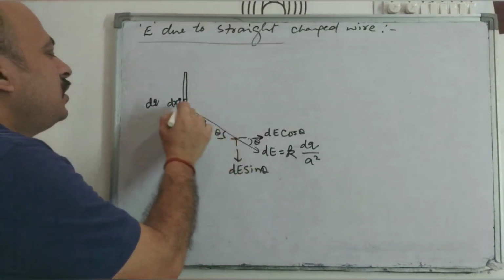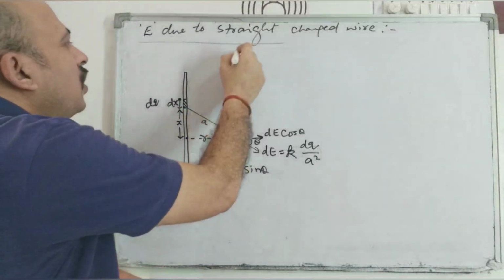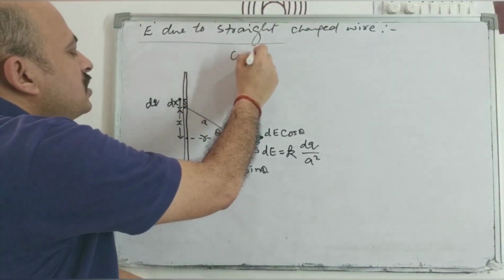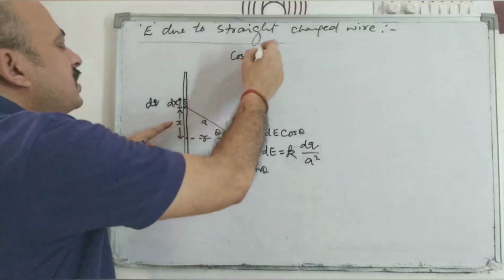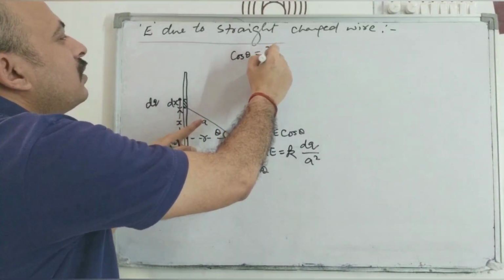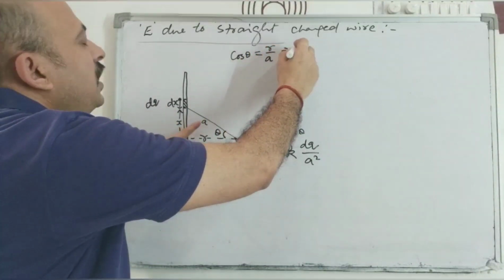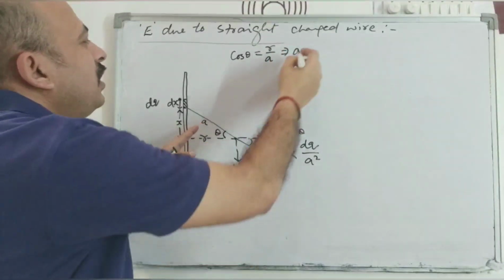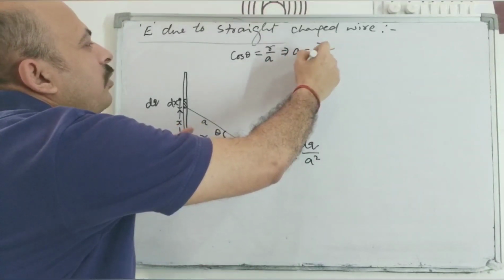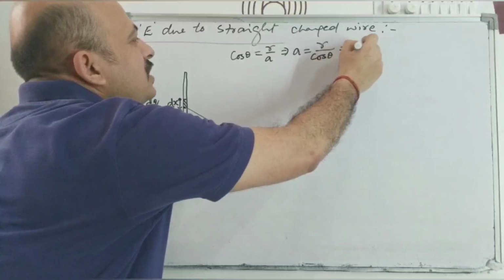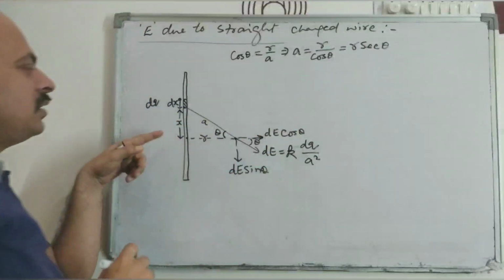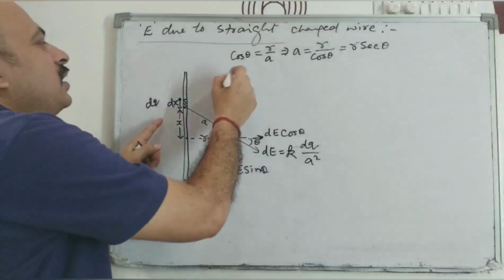Look at this triangle. Here cos theta is equal to r upon a. Therefore a, that is variable a, will be equal to r upon cos theta, or r sec theta. What about x?